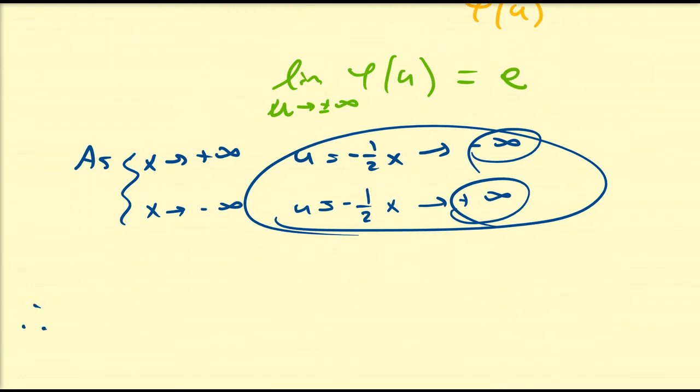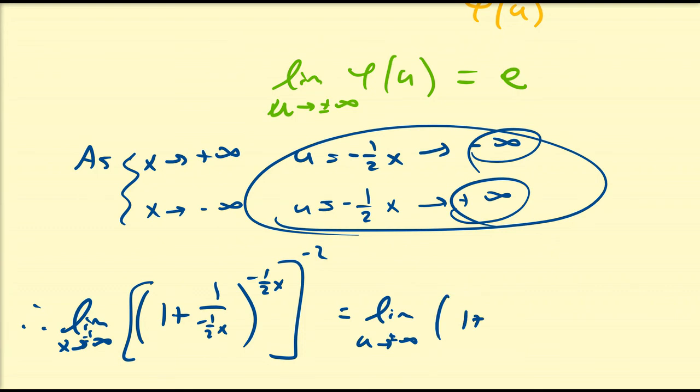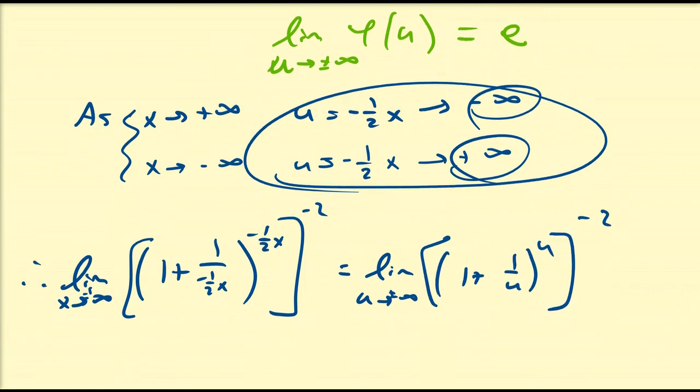So that means the horizontal asymptote for our curve, which is the limit as x goes to infinity of (1 plus 1 over (negative 1/2 x)) to the power of negative 1/2 x, all to the power of negative 2, is going to be equal to the limit as u goes to plus or minus infinity of (1 plus 1 over u) to the power of u, raised to the power of minus 2.